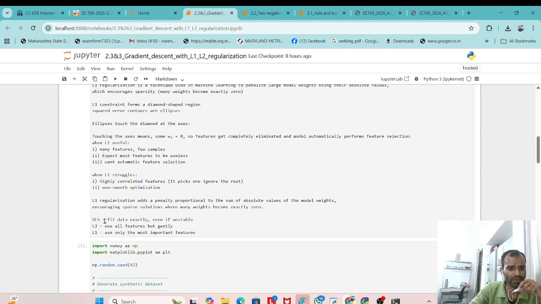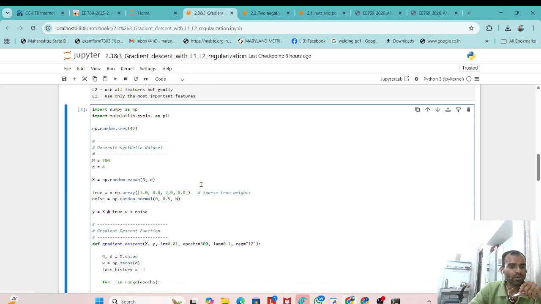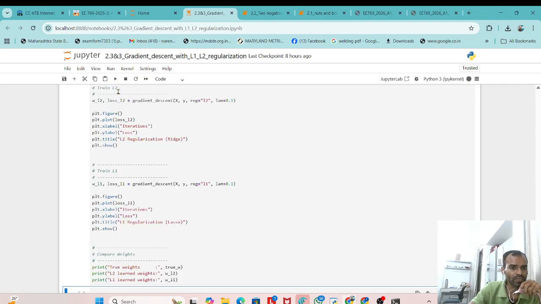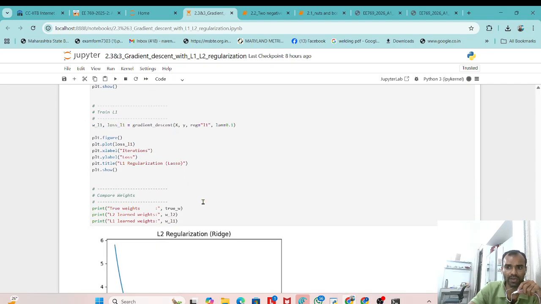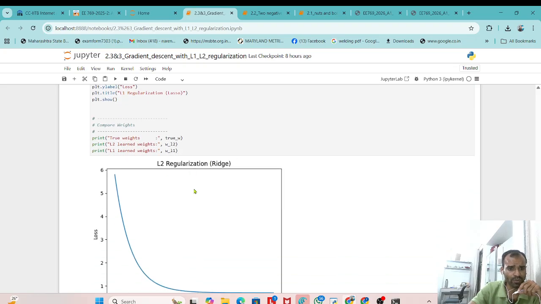L2 is a stable model, using all features but gently, but L1 regularization eliminates some features, so it selects only the most important features.